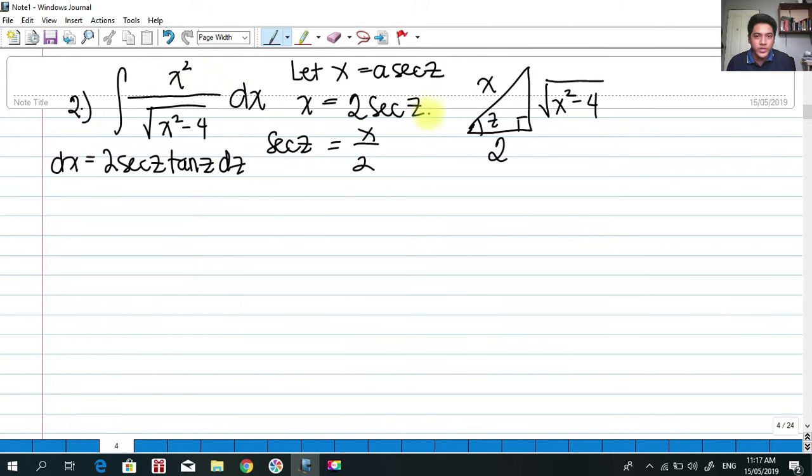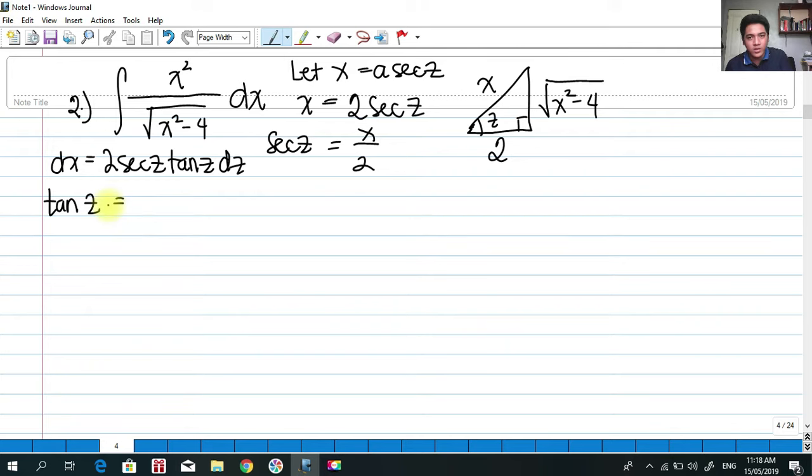We now have the x squared. We're going to simply square this. And we should get square root of x squared minus 4. And again, looking at the triangle, we should avoid using the side with an x. So we have to avoid the hypotenuse. So what are we going to do? We're going to use only the adjacent and the opposite. Since it has tangent here, we can use the tangent function.